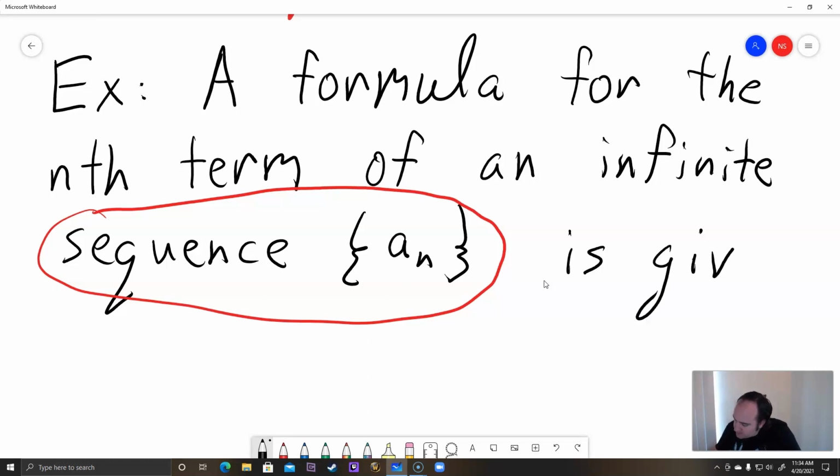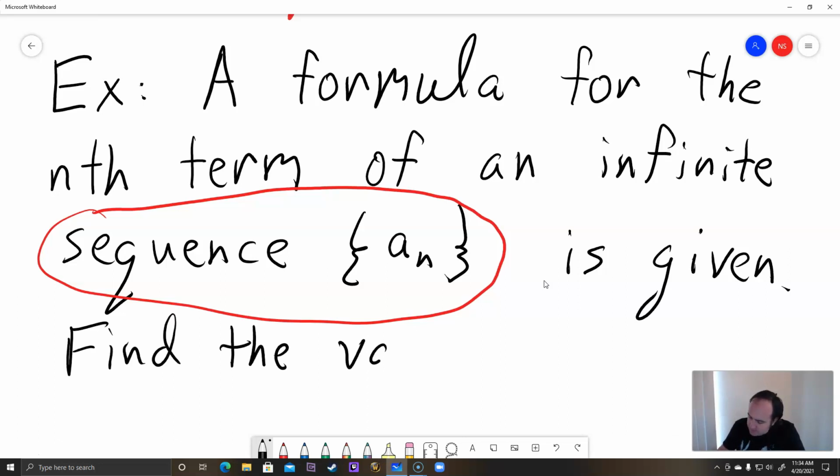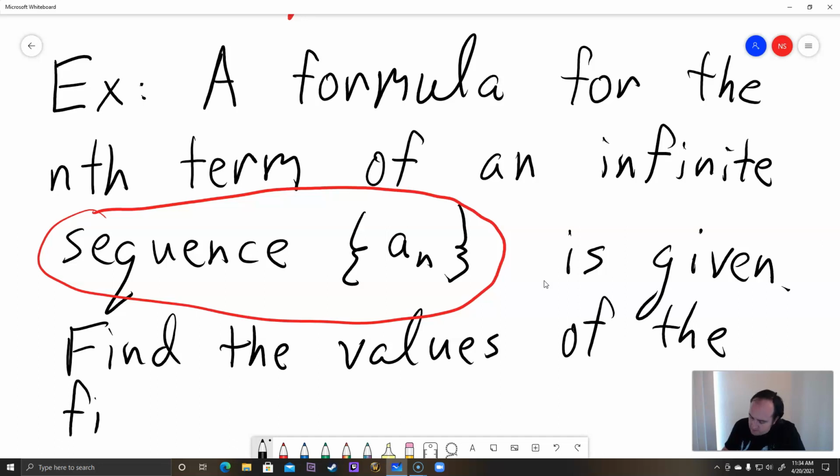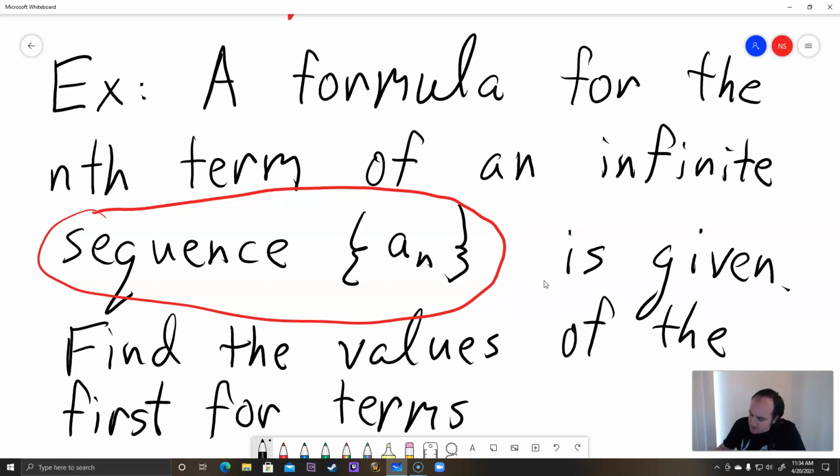All right, and they want us to find the values of the first four terms of the sequence. Okay? So find the values of the first four terms of our sequence.